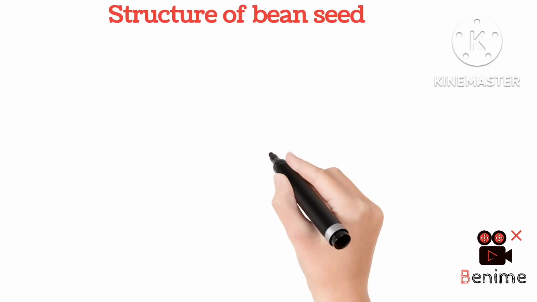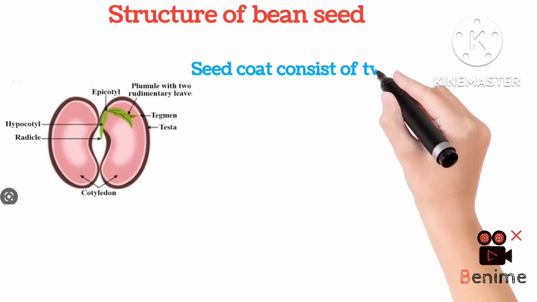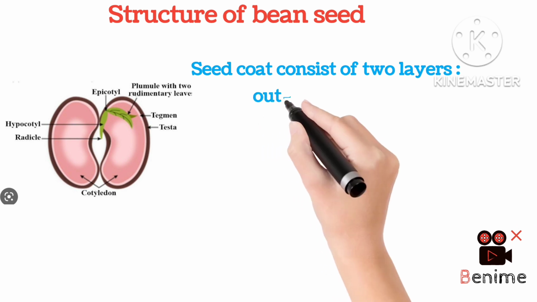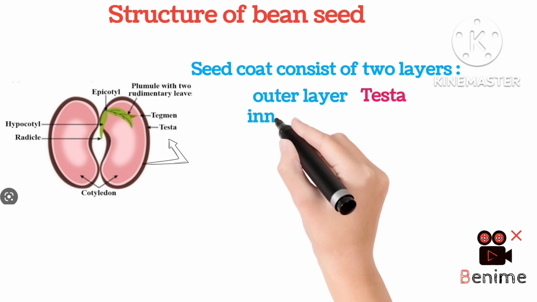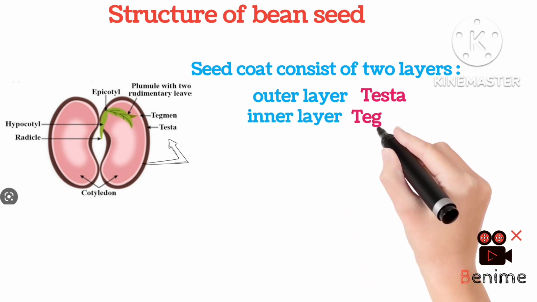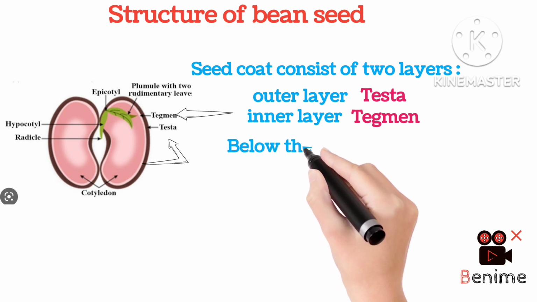Structure of bean seed. Seed coat consists of two layers. The outer layer is known as testa. You can see in the picture testa. Inner layer is called tegmen. You can see tegmen in the picture.